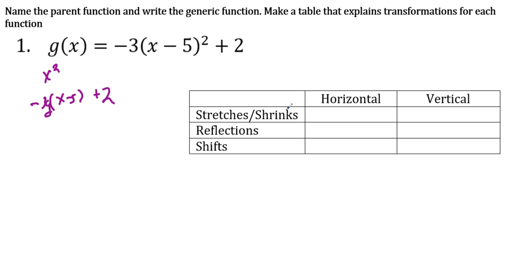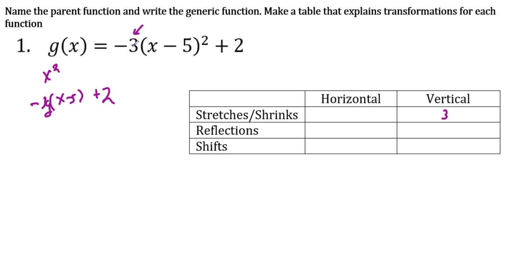So let's go ahead and take a look at this table right here. I have the horizontal and vertical impacts of whether it's stretch or shrinking, reflections, and shifts. Okay? So first thing we're going to do is look at this and realize, hey, we have a vertical stretch of a factor of 3. Okay, so we're going to put that in there. And our horizontal stretching factor is not there, so that's all we're really going to have.